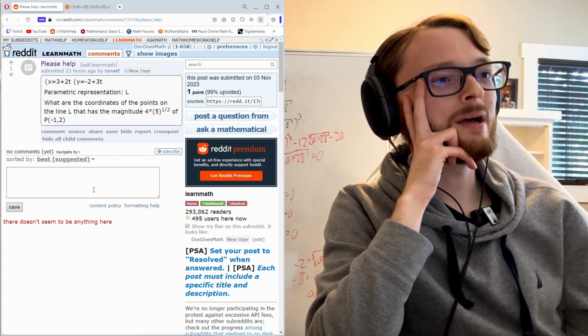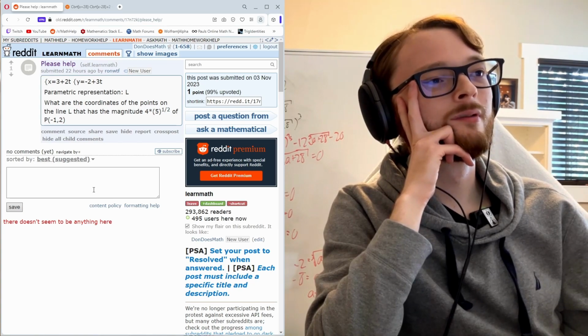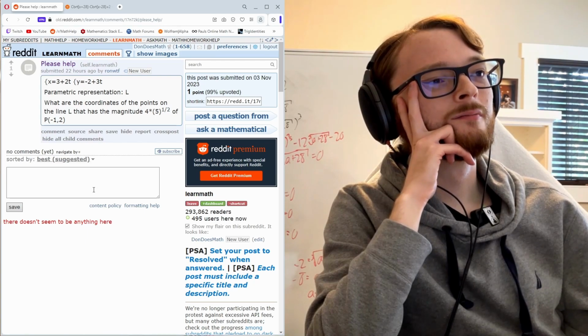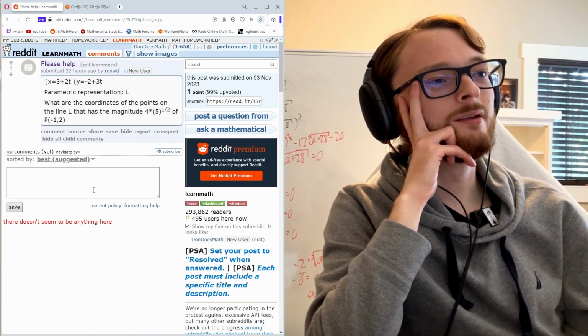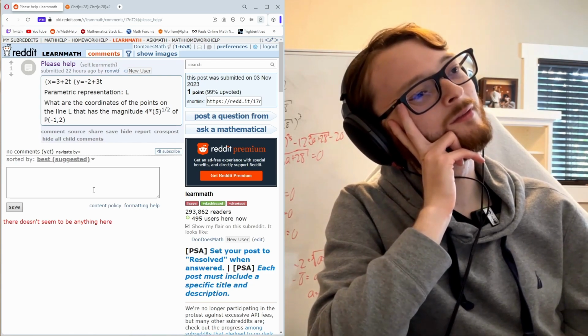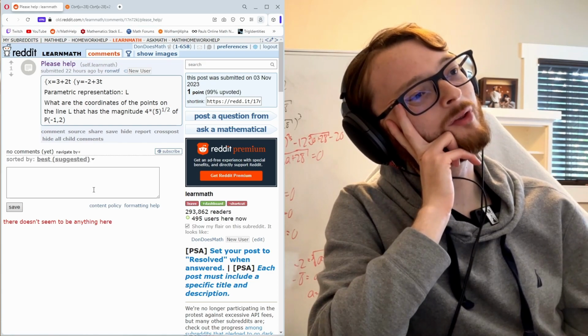I don't get what they mean by magnitude in this problem. This is a 3-dimensional line. Yes. Or no, it's only 1-dimensional. It's just a normal line.